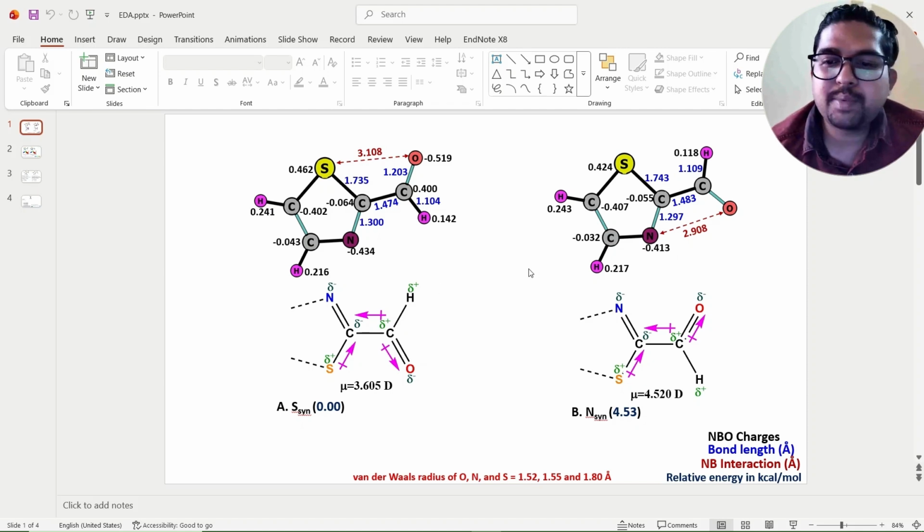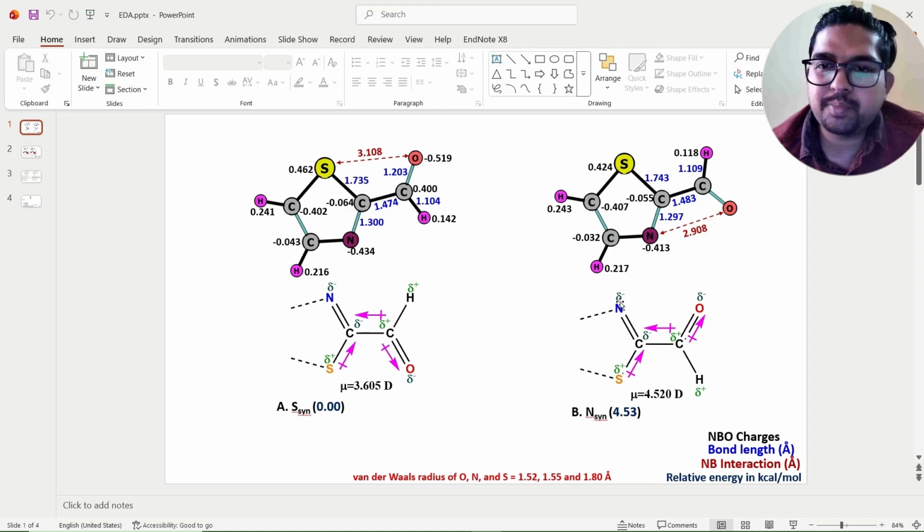So what we did was calculate the NBO charges. In black you see the NBO charges for each atom, and in blue you see the bond lengths. Here I have given a representative pictorial diagram for this group alone: the nitrogen, sulfur, this CC.